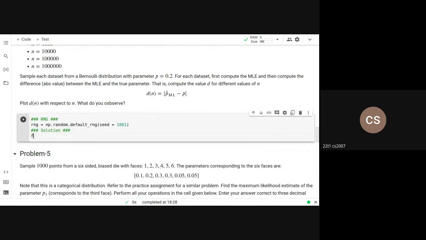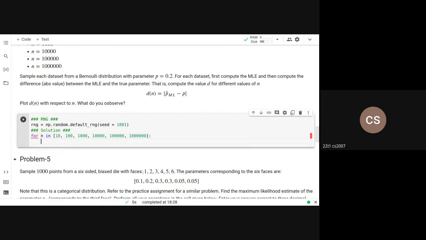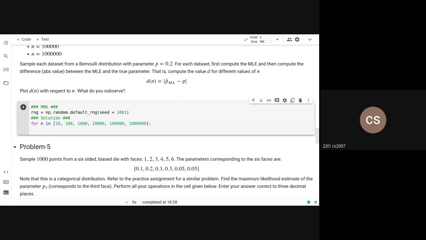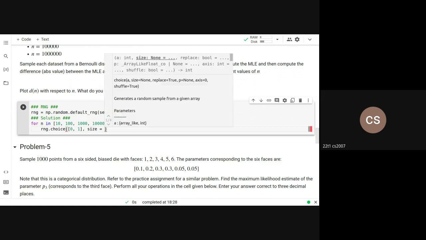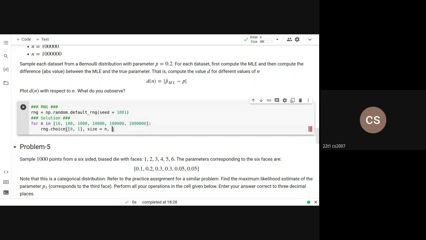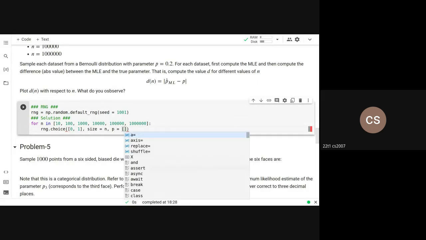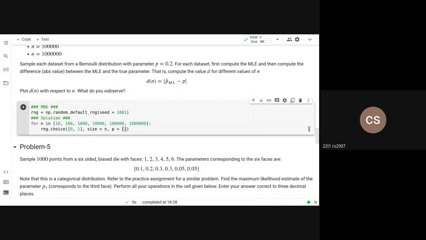So what we are asking here is for n in 10, 100, 1,000, 10,000, 100,000, and 1 million. For each of these values of n, first generate n data points from your Bernoulli distribution, which you do as rng.choice of 0, 1, with size equal to n, and p equal to 0.8, 0.2.